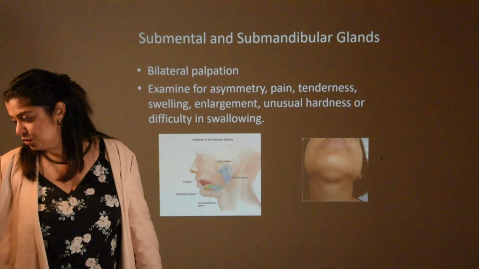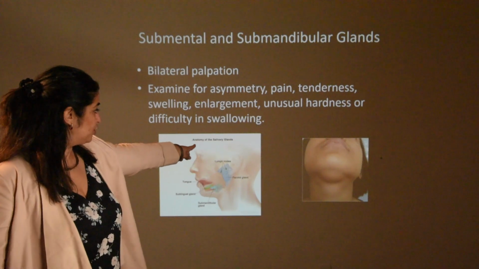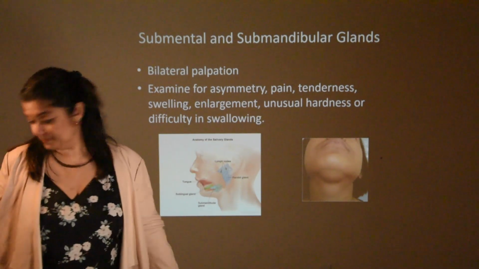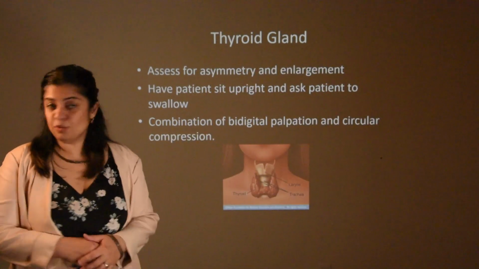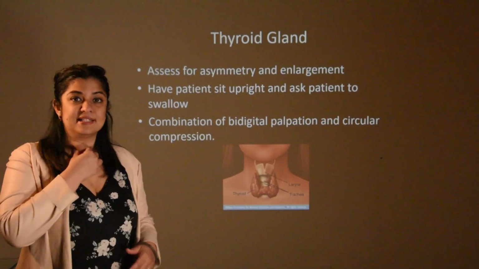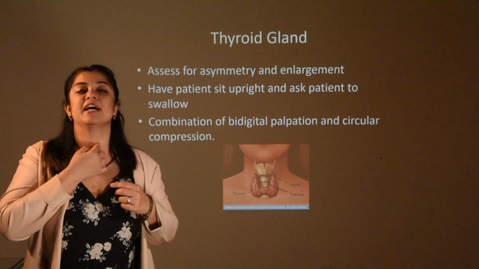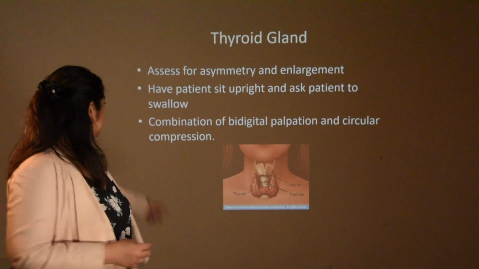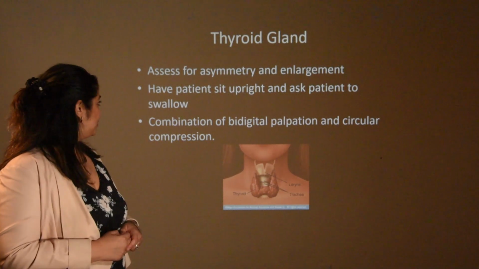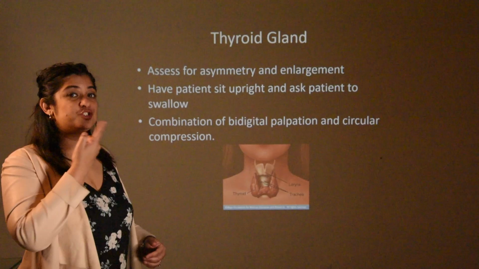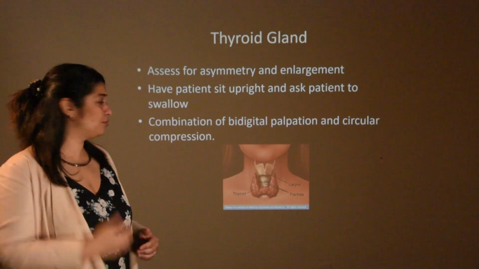The other thing you also want to look for, you can see the girl in the picture, her submental lymph nodes are swollen. You also want to look for the thyroid gland. The thyroid gland is found right here in the neck area on either side of the trachea. What you also want to see is the patient has to sit upright and have the patient swallow. When the patient swallows, you can actually see the thyroid gland.